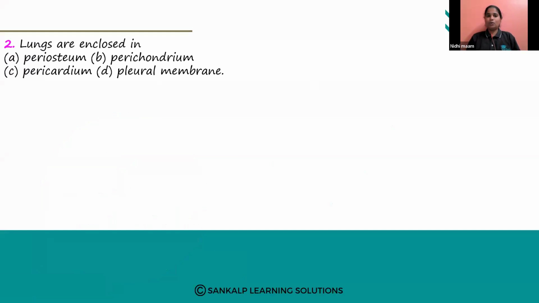So these are enclosed in what? Tell me, who is going to answer quickly? I think most of them are absent today due to midterm exams, right? Okay, lungs are enclosed in.